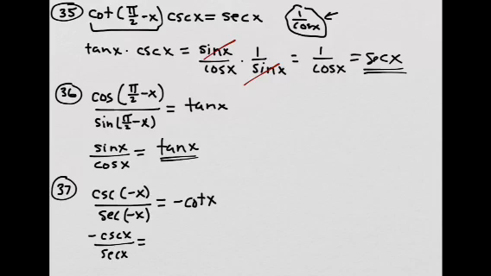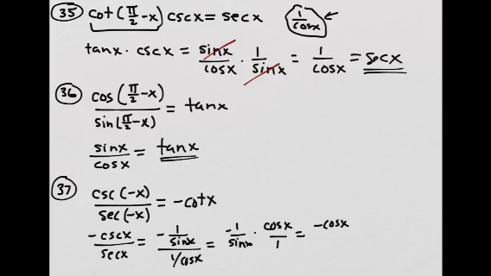Okay, so I'm going to write it as negative 1 over sine x and 1 over cosine x. And remember, every time you divide by a fraction, you're multiplying by its reciprocal. So 1 over sine x times cosine x over 1. So negative cosine x over sine x, oops, not t, is negative cotangent x.